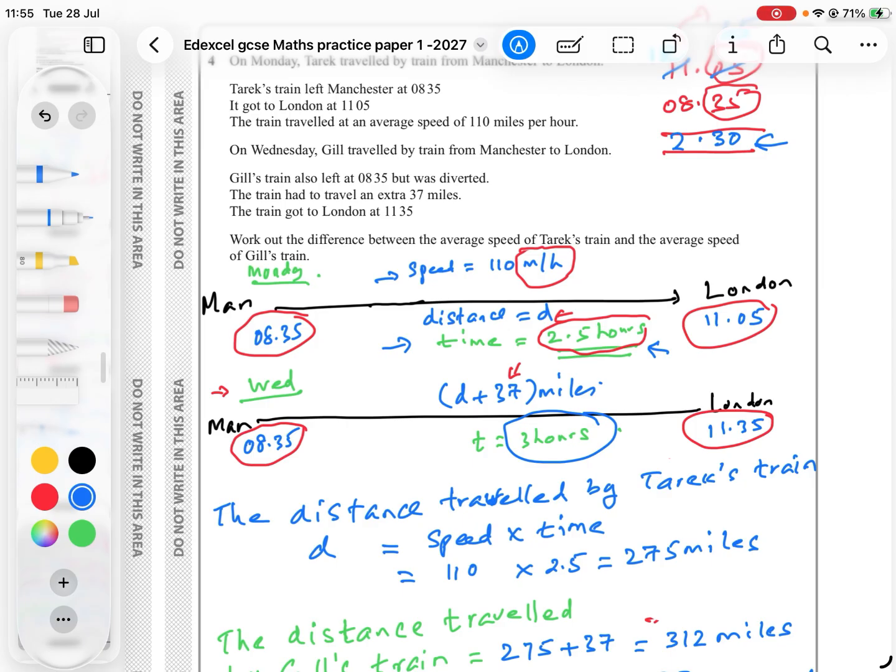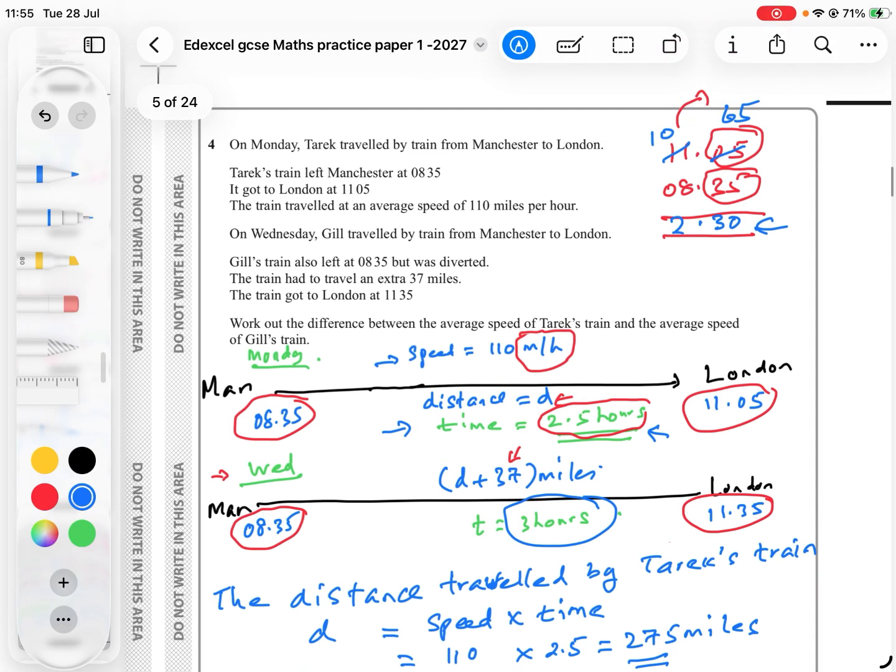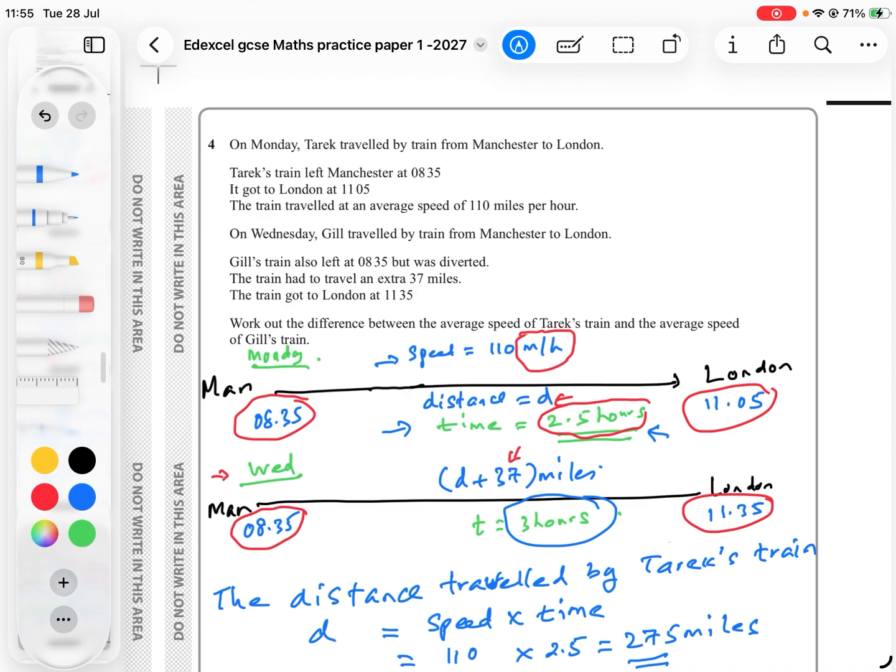Speed 110, you can see clearly. Time taken 2.5. 110 times 2.5 is 275. How? You can't use a calculator on this non-calculator paper, so I'll explain an easy way to multiply.